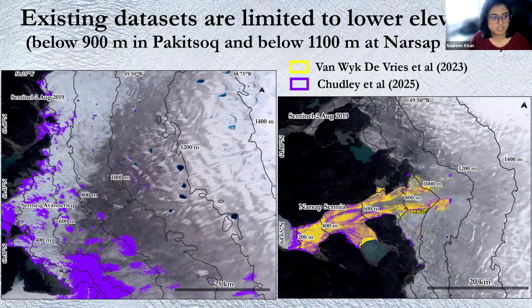Both of these data sets are very high resolution and provide individual crevasse traces on the ice sheet, but they are limited by optical imagery and by elevation. For Pakitsoq it's about 900 meters, and for north of Narsap Sermia it's about 1100 meters of elevation. So how do we go beyond that?